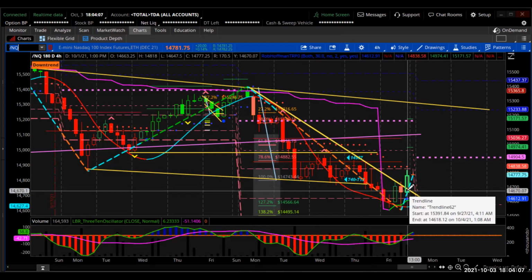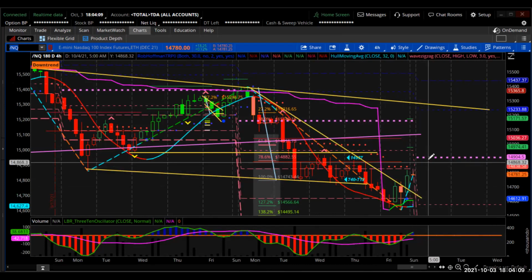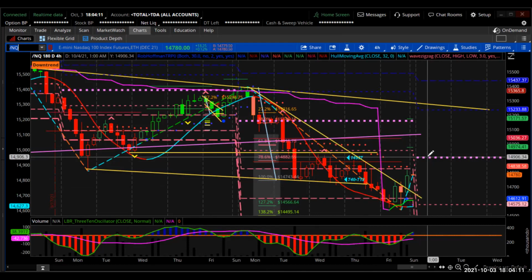So now I'm looking at the 14,904, that would be the weekly target, and it could definitely happen tomorrow, because the NASDAQ can move up to double the ATR: 120, 150, even 200, and 240, 250 ATR moves.